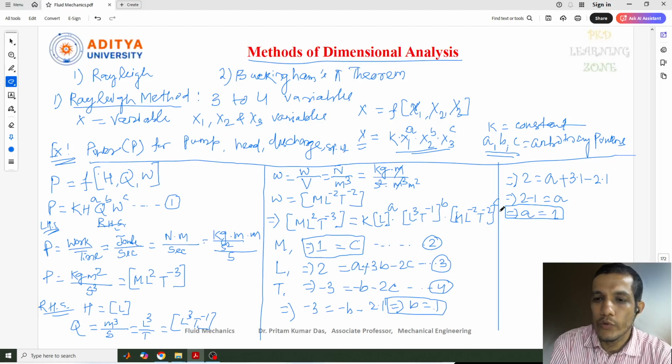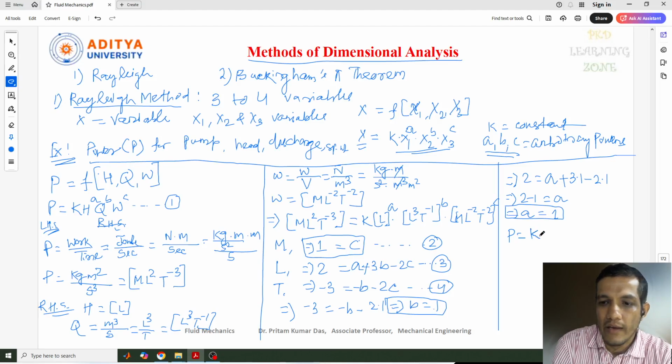Now what we need to do is put these values in the power values, a, b, c, of the variables we got in equation 1 actually. So again go back to equation 1, and finally we can write p equal to k and h to the power 1, q to the power 1 and w to the power 1.